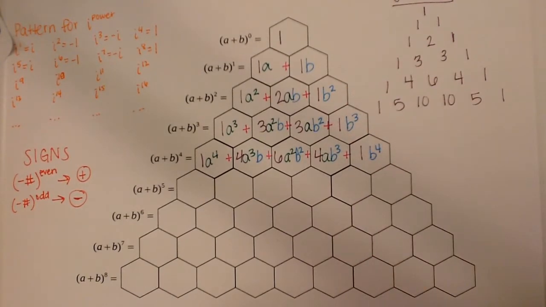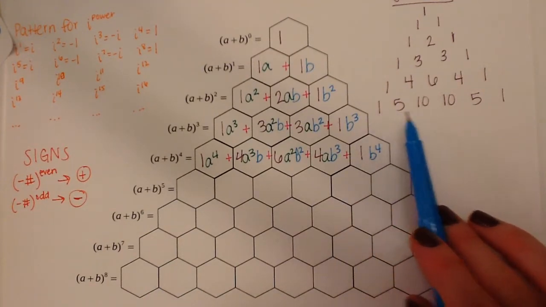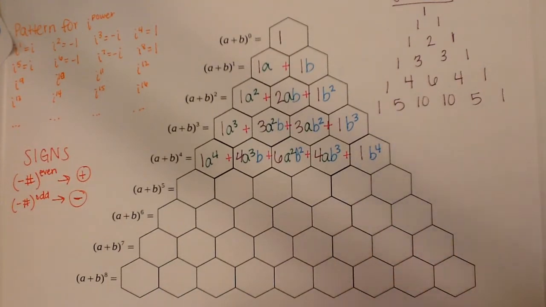Alright, so our next row is a plus b to the fifth. So let's hope it follows this pattern: 1, 5, 10, 10, 5, 1.